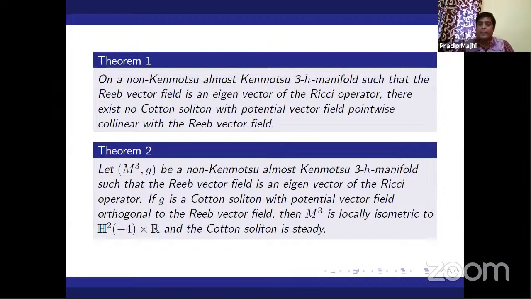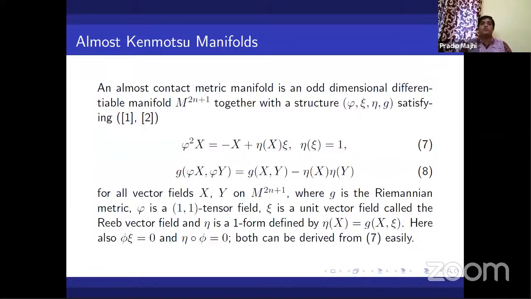So let me develop some notations also. Almost Kenmotsu manifolds. An almost contact metric manifold is an odd dimensional smooth manifold together with the structure phi, xi, eta, g, where phi is a 1-1 tensor field, xi is a unit vector called the Reeb vector field, eta is a one form defined by eta X equals g(X, xi), and g is a Riemannian metric defined by equation 8.